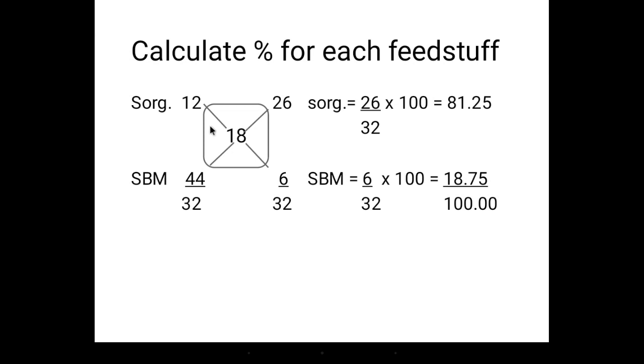We subtract the smaller figure from the bigger figure. So we subtract 12 from 18, so we have 6. We subtract diagonally. So here we subtract 18 from 44 because 18 is smaller than 44, so we have 26.